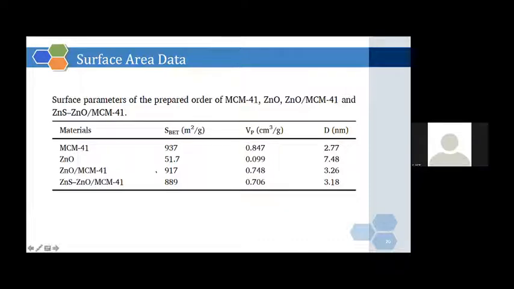The surface area of the composite is slightly decreased. This slight reduction in surface area is due to the incorporation of zinc oxide and zinc sulfide. The suggested incorporation is also confirmed by the increased pore diameter up to 3.2 nanometers.